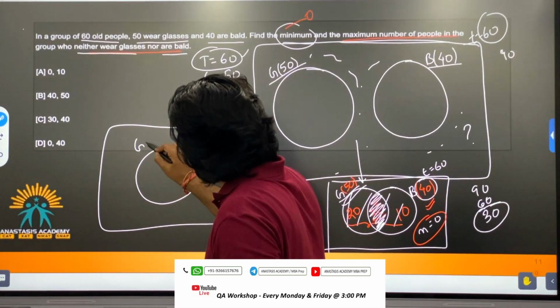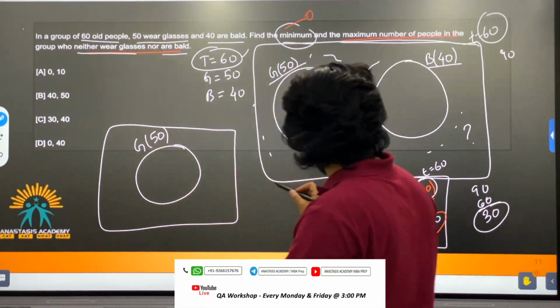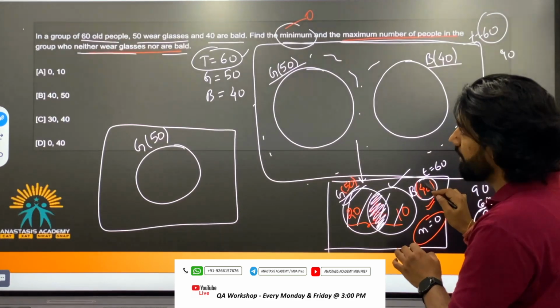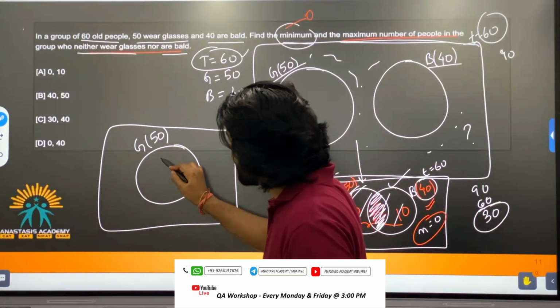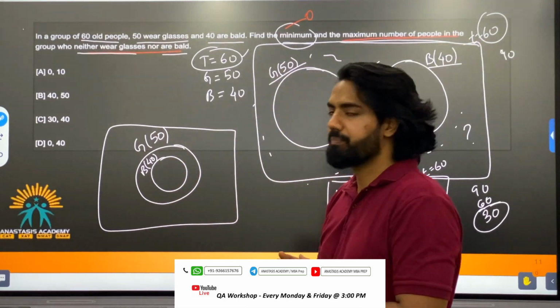It will look something like this. These are people wearing glasses and they are 50. I can have all these people who are bald inside this set. These are people who are bald and these are 40 people.